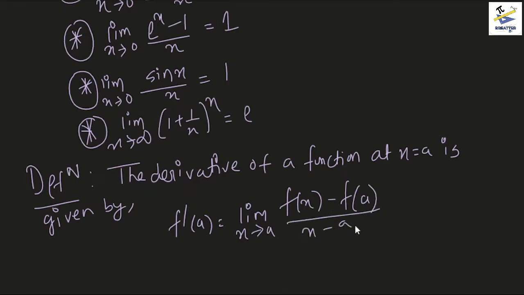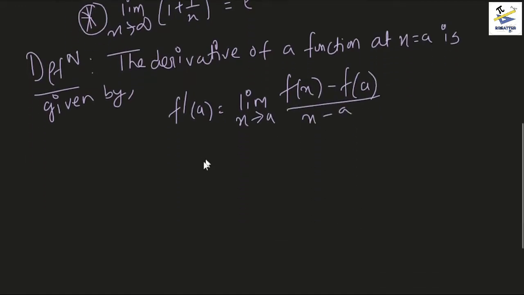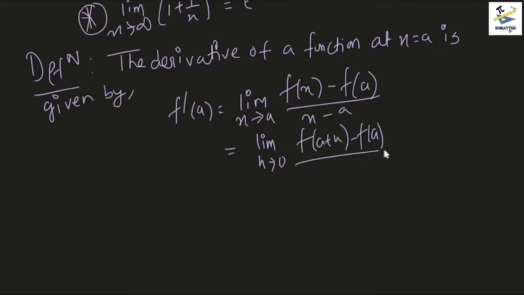Limit x tends to a of f of x minus f of a by x minus a, which is in turn equal to limit h tends to 0 of f of a plus h minus f of a by h. So these are the two definitions that we use in order to find the derivative of a function, which we also did in the last lecture.